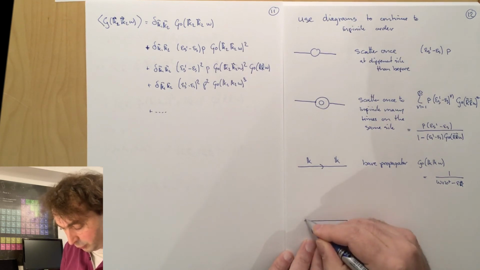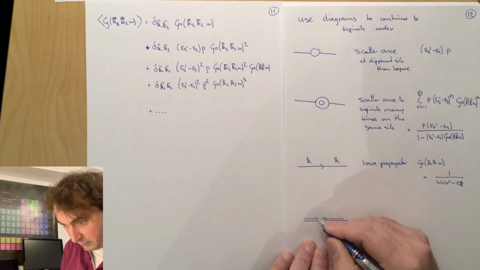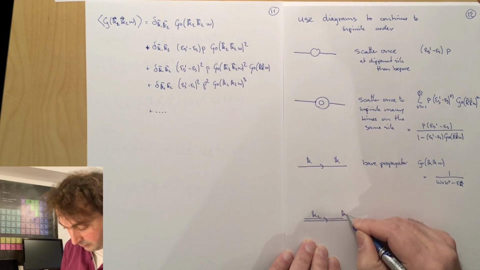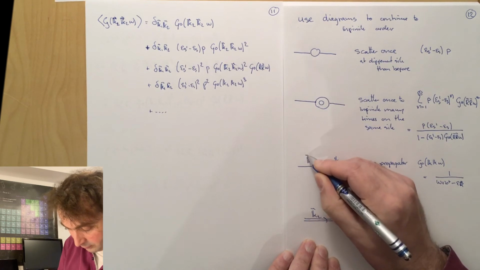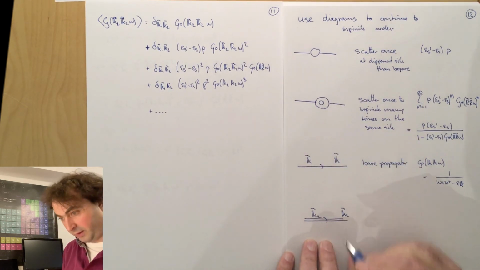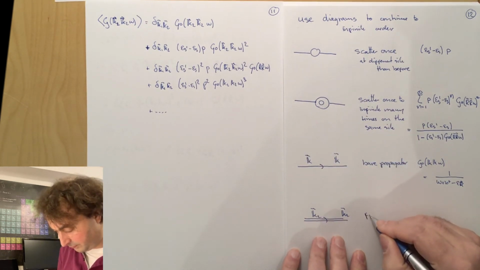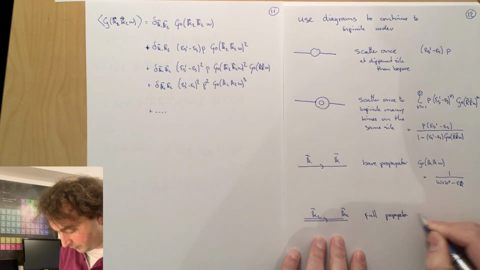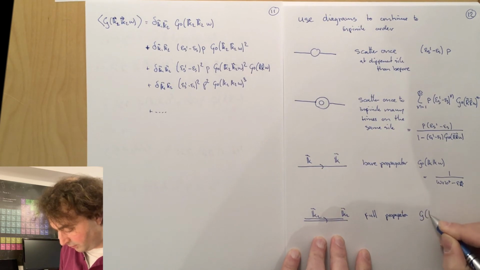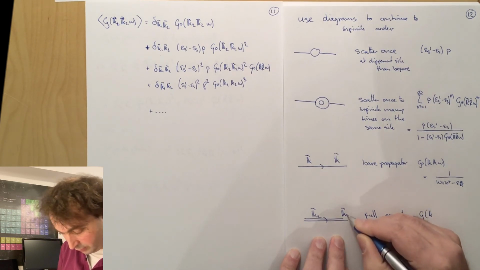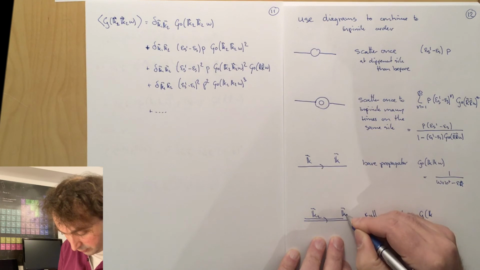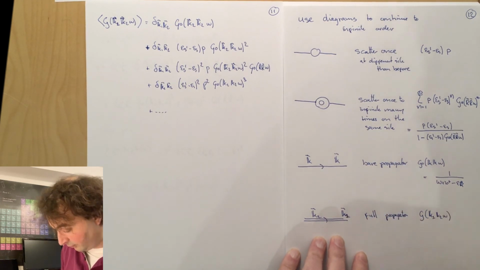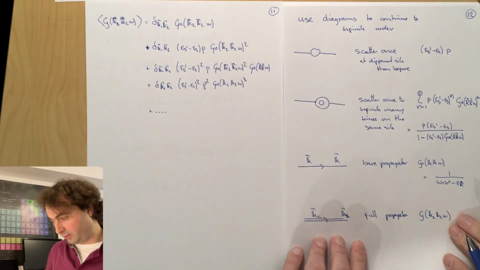And we have our full propagator, which we will indicate by a double line going from K2 to K1, which is G, the object that we want to calculate.